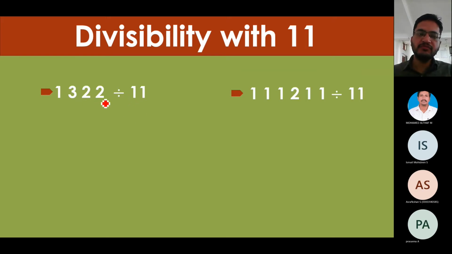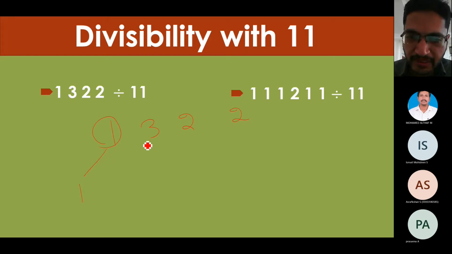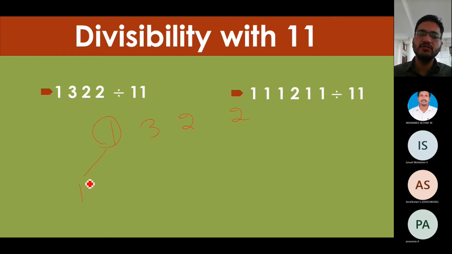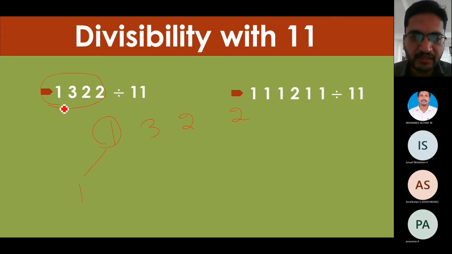Now when we are to divide any number by 11, for example, if we have 1322, I will write the first digit here as it is. Now we will subtract these two. When we divide a number by 9, we always add 1 with 3.